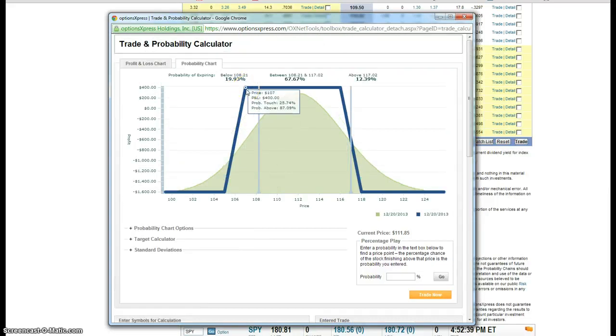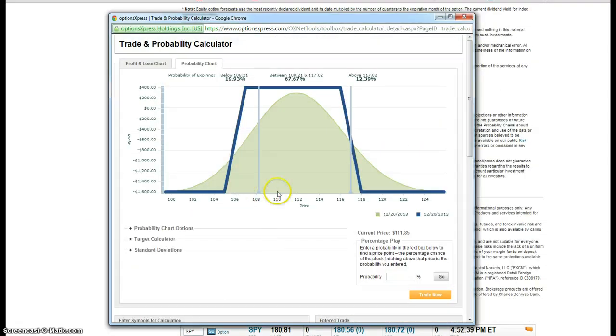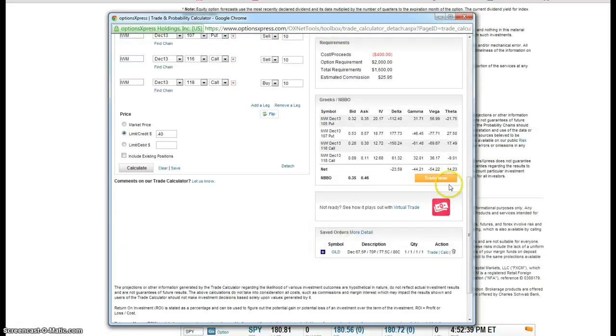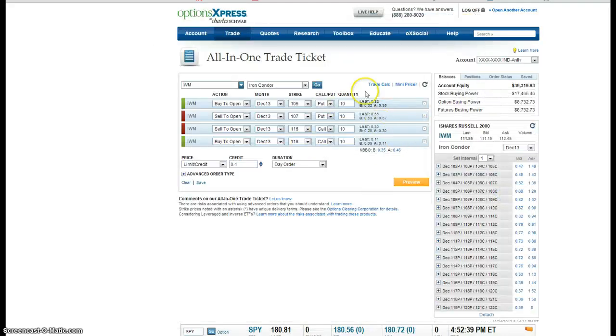We would want it to be in between 106, our low and high strikes, which would be 107 on the put side and 116 on the call side. So that's how we do it. There we would just hit trade now, and we would be putting this trade in, and away we go.